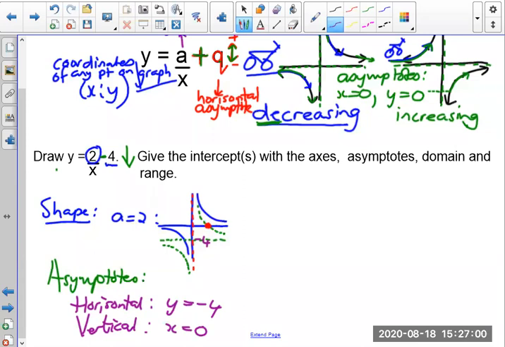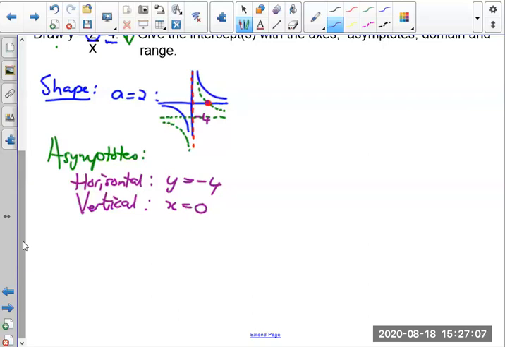But now, because it moved down, I have an x-intercept, so that means I must calculate. So the shape, the asymptotes, and now there's an x-intercept.